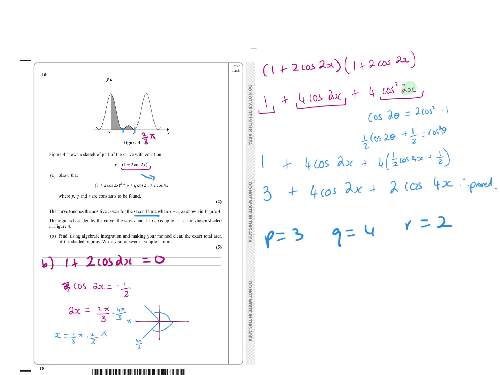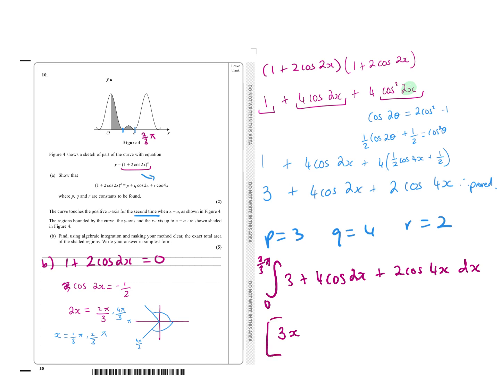We're going to integrate it, and because of part A, it helped us, didn't it? So we're going to integrate between 2 over 3 pi and 0, 3 plus 4 cos 2x plus 2 cos 4x. Okay? So with respect to x, let's integrate 3. What do we get? 3x.